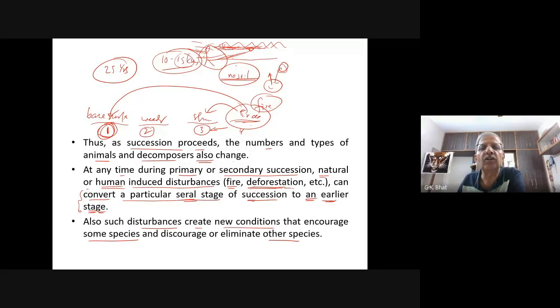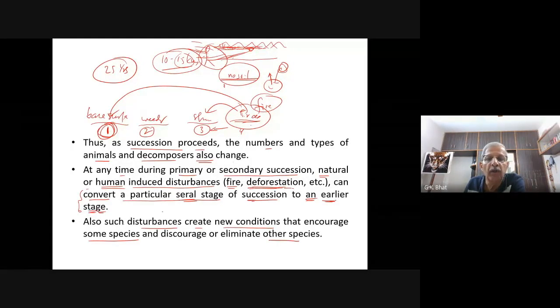We see that every year several hectares of forest get burnt in such places. And the forest department appoints some forest fire watchers during summer season, so that if any fire starts, they immediately make arrangements to get it extinguished.